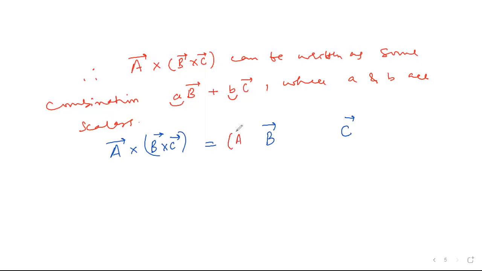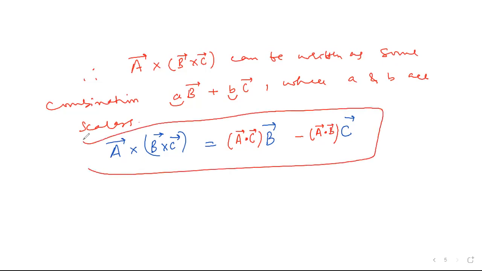Here you have A dot C. Here you have minus A dot B. This you need to remember and check it at home. So this is an exercise for you. You can use a textbook for it.